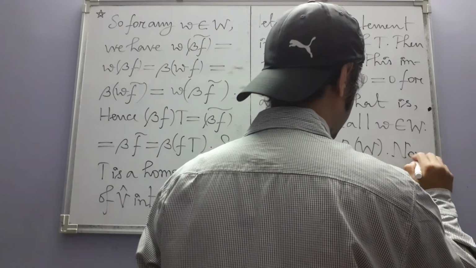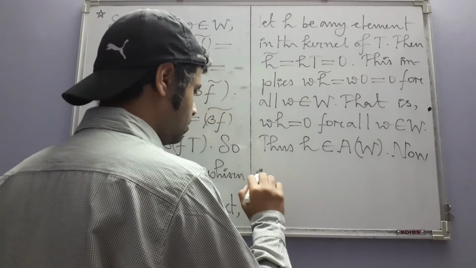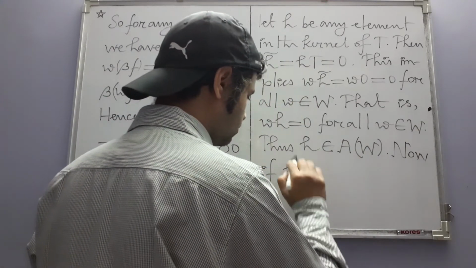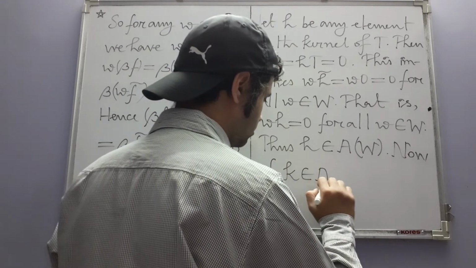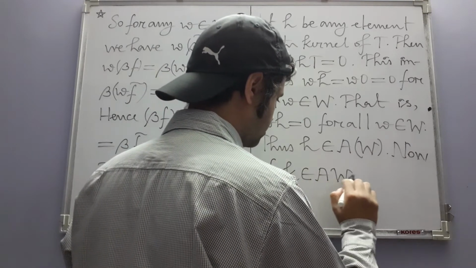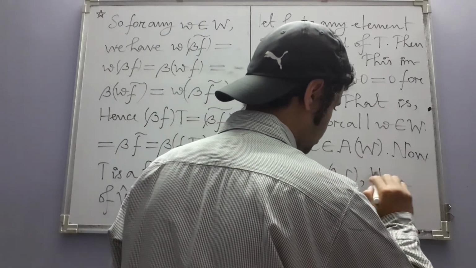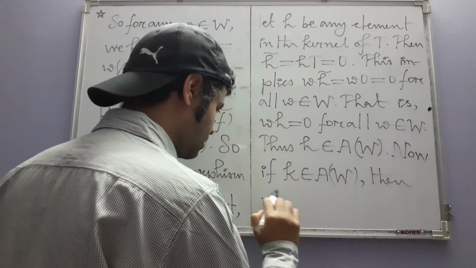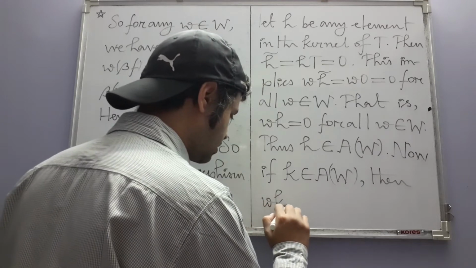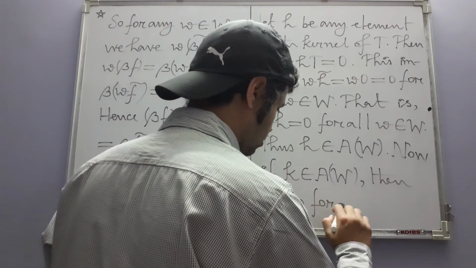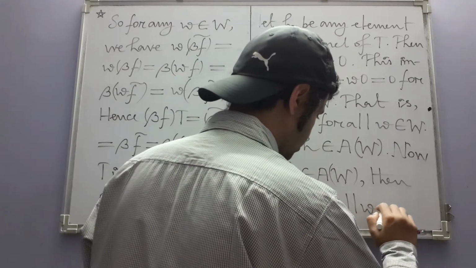Now, if say k belongs to A of W, then by the definition of A of W, wk is equal to 0 for all w belonging to W.